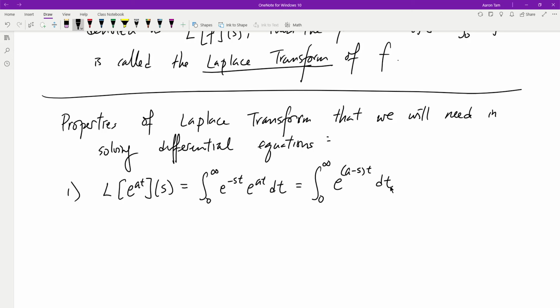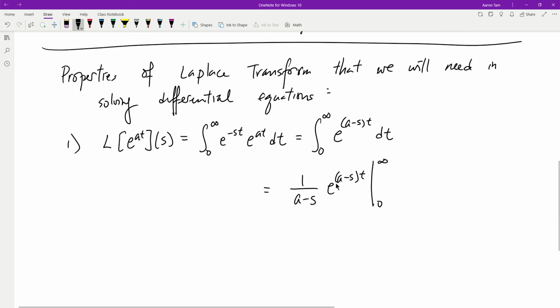According to the integration of e to some constant times t, that is basically equal to 1 over (a minus s) times e to the (a minus s)t, evaluated from 0 to infinity. And yes, I know I'm probably supposed to put a limit as b approaches infinity to make it look nice, so maybe I do that.